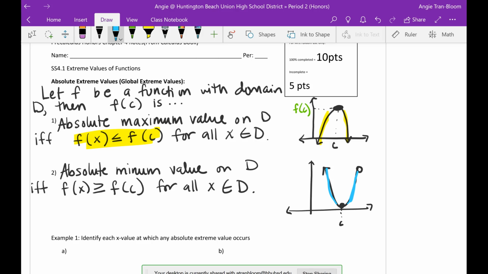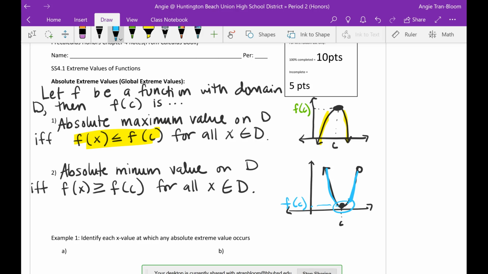Is each greater than or equal to f of c? Yeah, so that's why when x is c, f of c is the minimum. So f of c is the minimum value, okay?